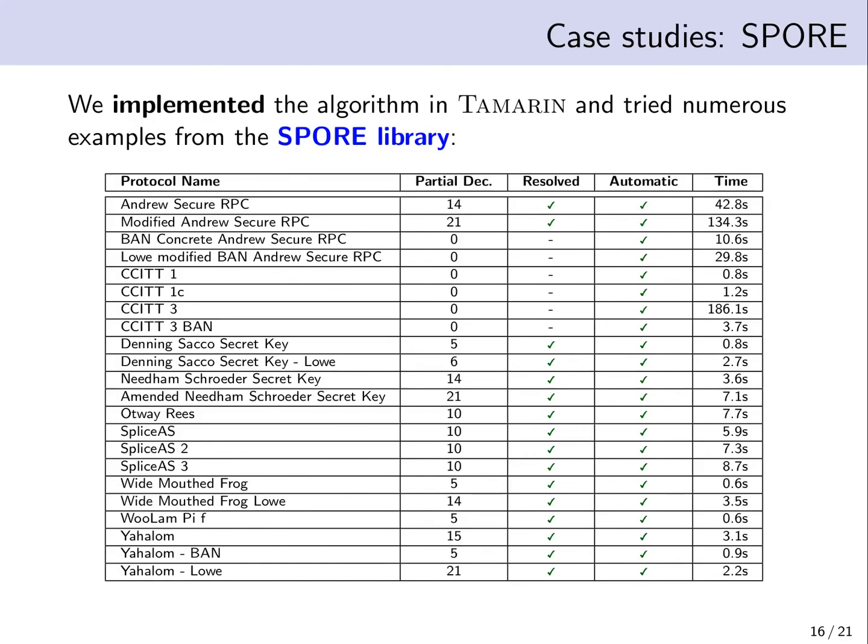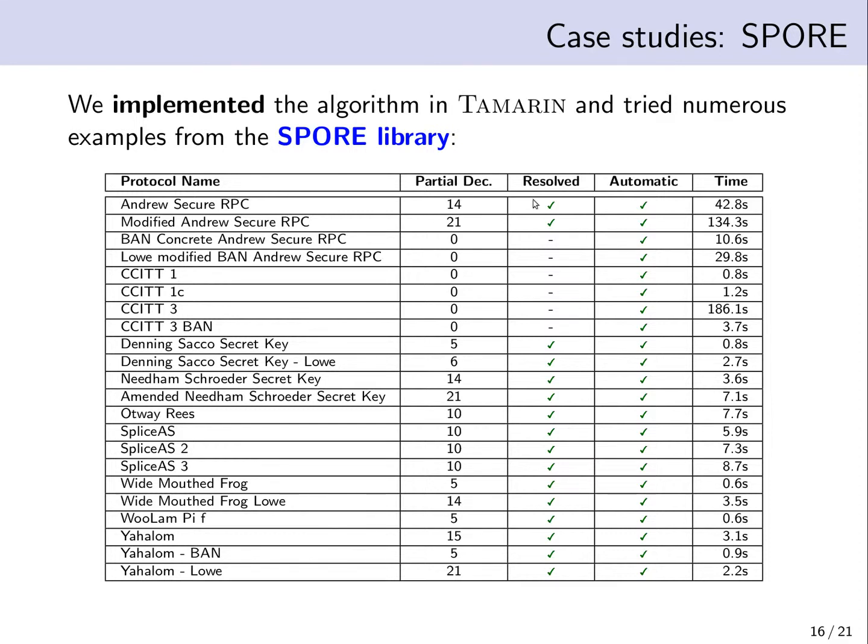So this is the high-level idea of our algorithm. Let's have a look at the practical results. So we implemented our algorithm in Tamarin, and we tried numerous examples, first of all from the SPORE library of cryptographic protocols. Now the SPORE library contains many classical examples, and we coded a lot of those, and it turned out that many of them actually had partial deconstructions.